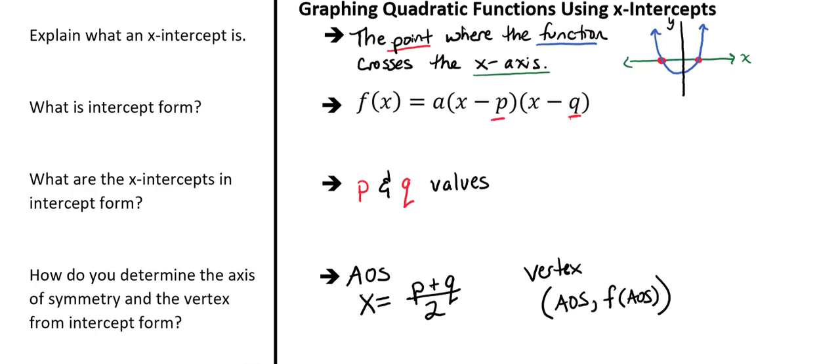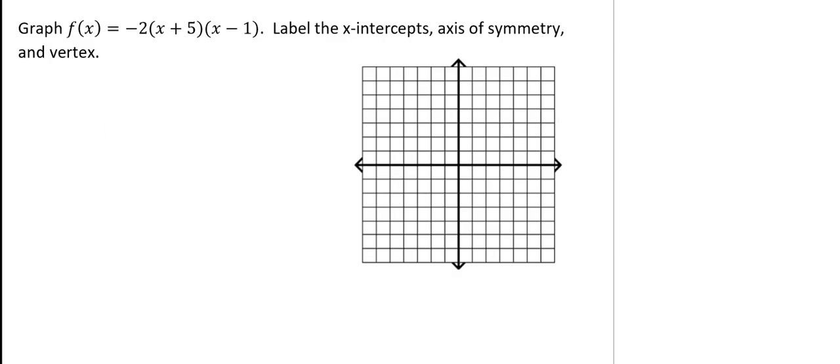So let's go ahead and do an example. Here we're going to graph f of x equals -2 times the quantity x plus 5 times the quantity x minus 1. Then we're going to label the x-intercepts, the axis of symmetry, and the vertex. What's great about graphing a quadratic function in intercept form is you really only need 3 points: your 2 x-intercepts and your vertex.